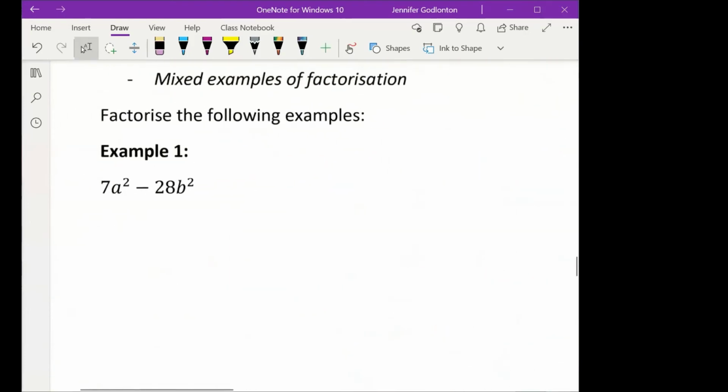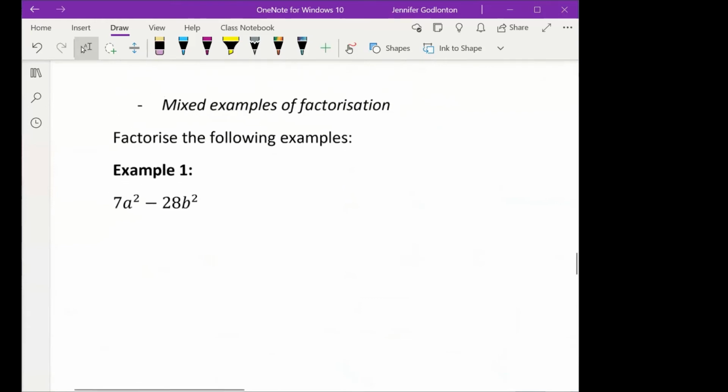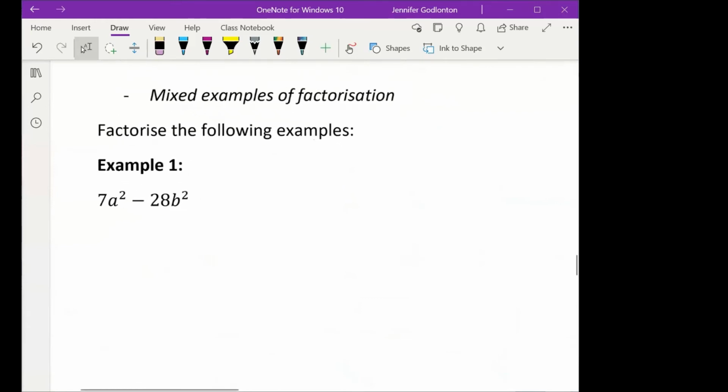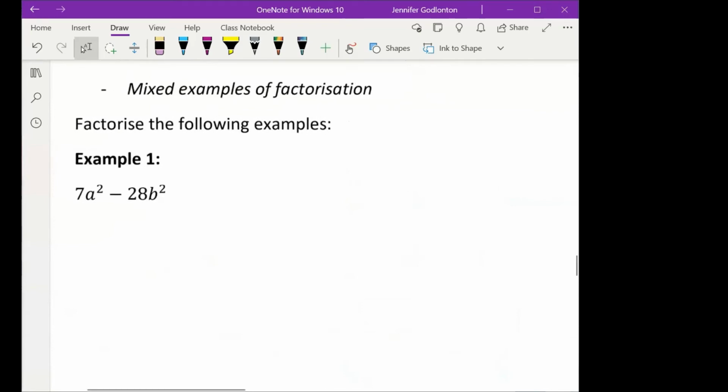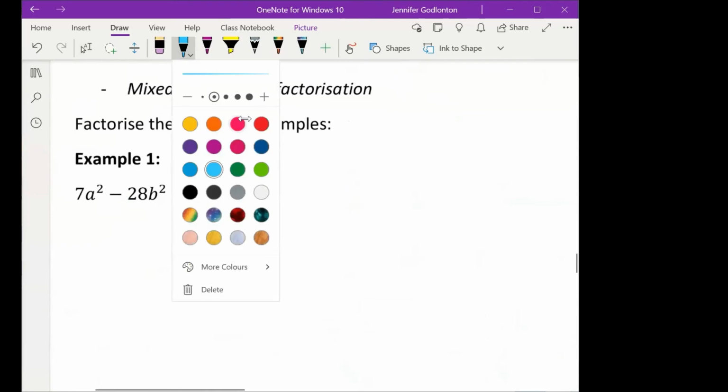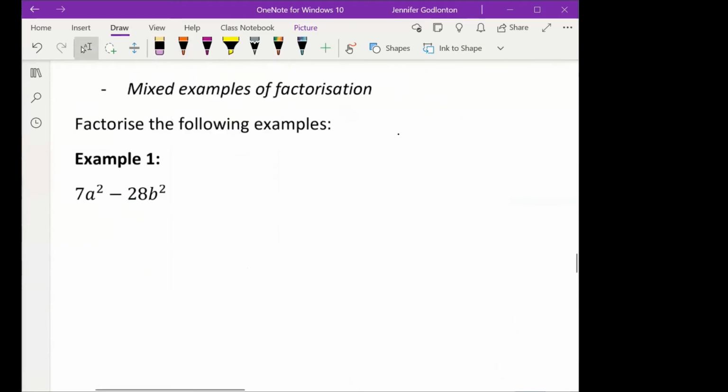The way we've been learning factorization, we've been doing it in sections, so you know exactly what to do for each one. Now we're going to look at questions where you have to figure out what to do yourself, because you're not told in a test what to do. So we're going to talk about some steps to help you along the way.